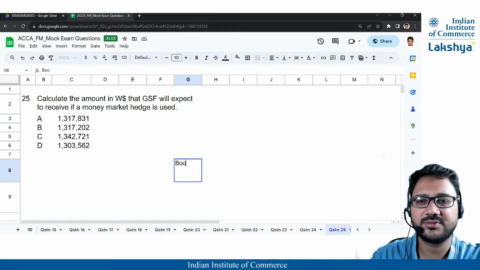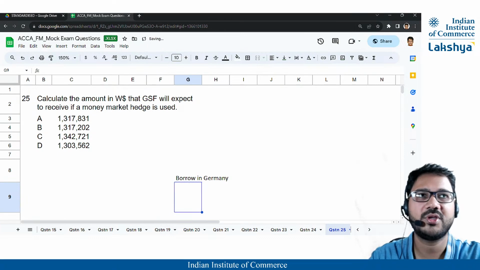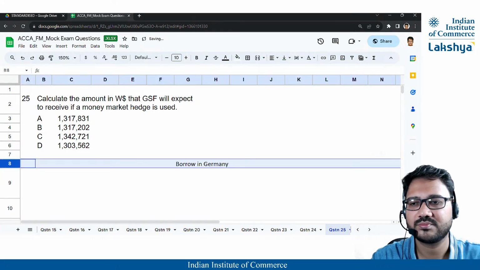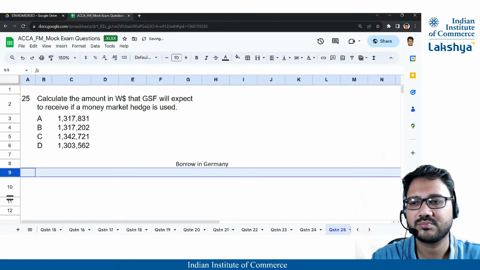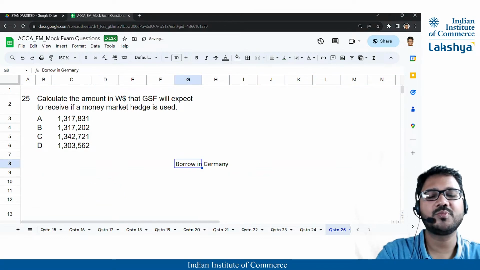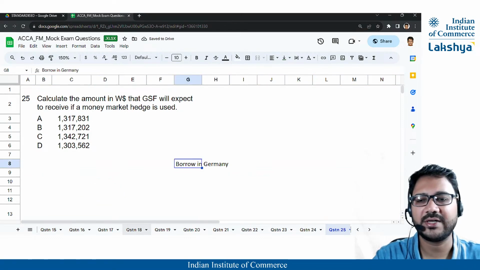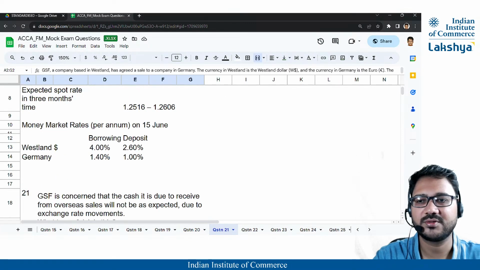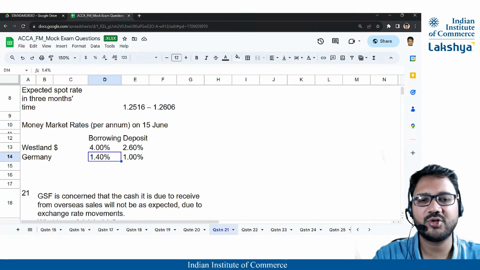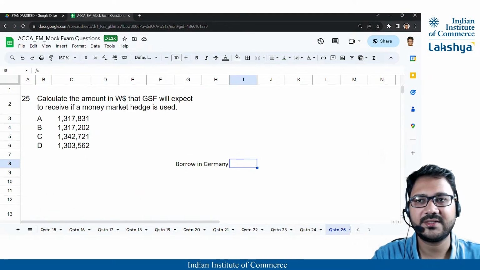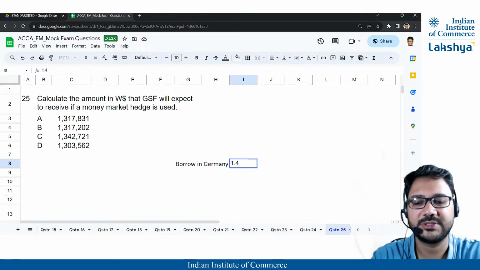I'll just write it down. Now, to borrow in Germany, at what rate? I think it was question 21. Germany can borrow at 1.4%.